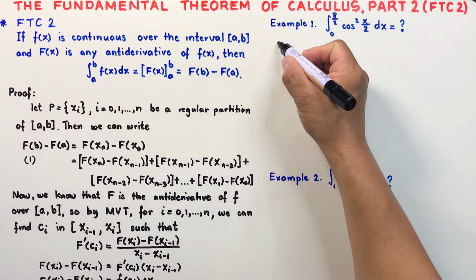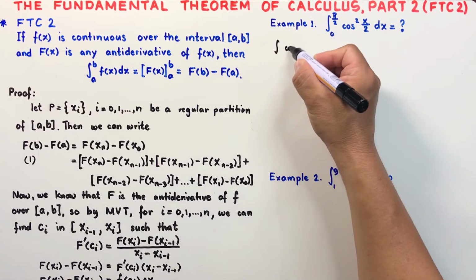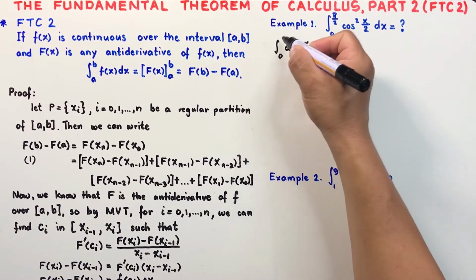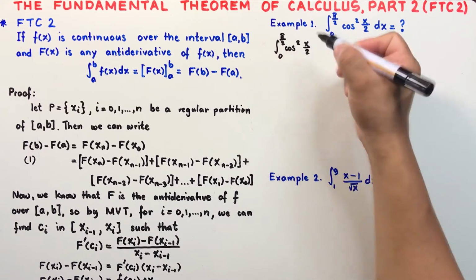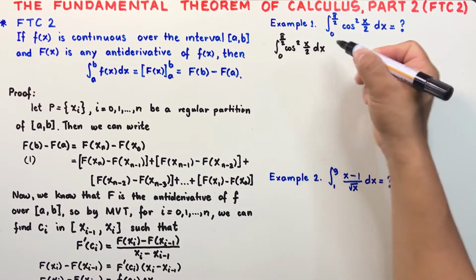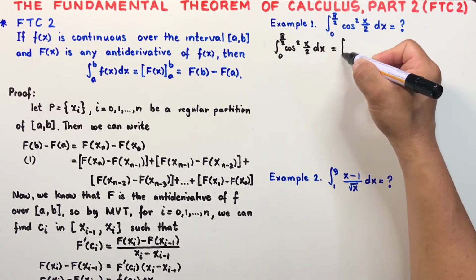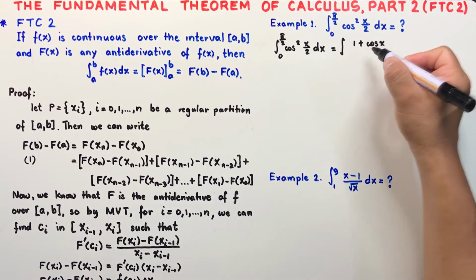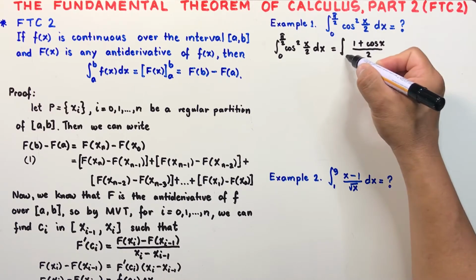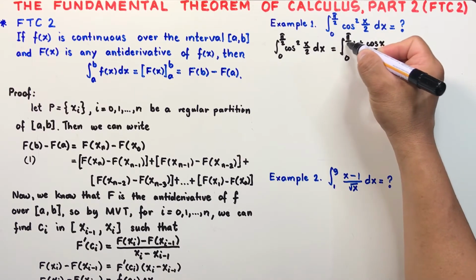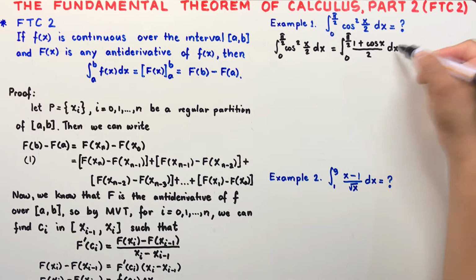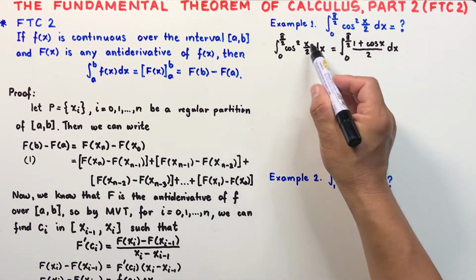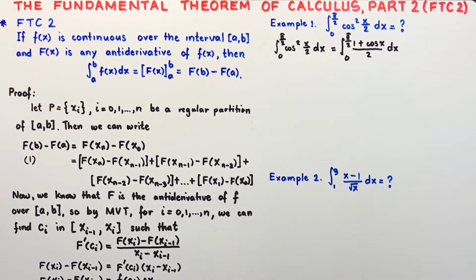So we have the integral of cosine squared of x over 2 from 0 to pi over 2 dx, which is equal to the integral of (1 plus cosine x) over 2 from 0 to pi over 2 dx. And you can check this one, that this is the identity of the cosine squared of x over 2.